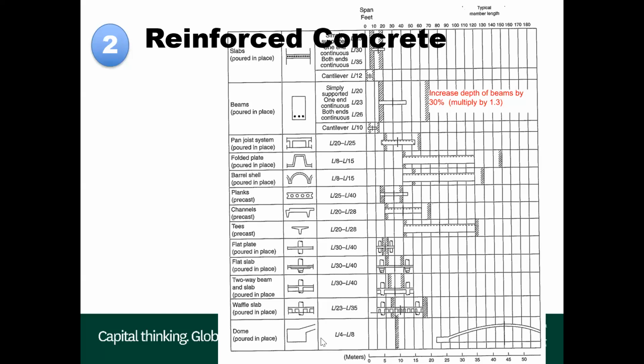At the bottom of this table, we've got information about a concrete dome. And typically that goes from about an 8-meter span to beyond 60 meters, divided by, say, 5 or 6.